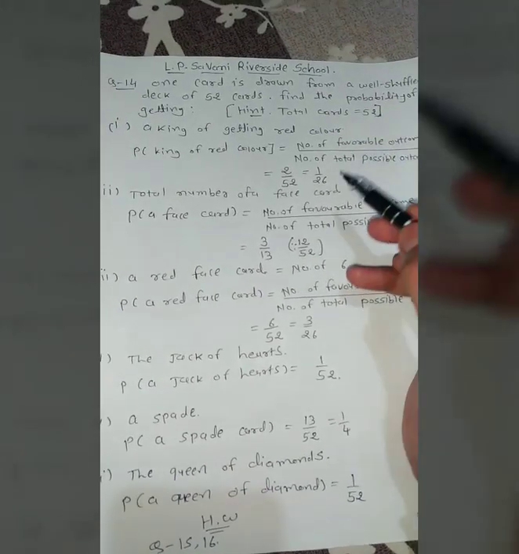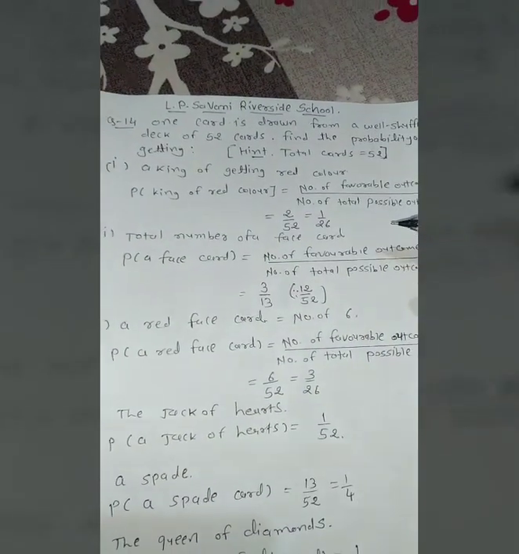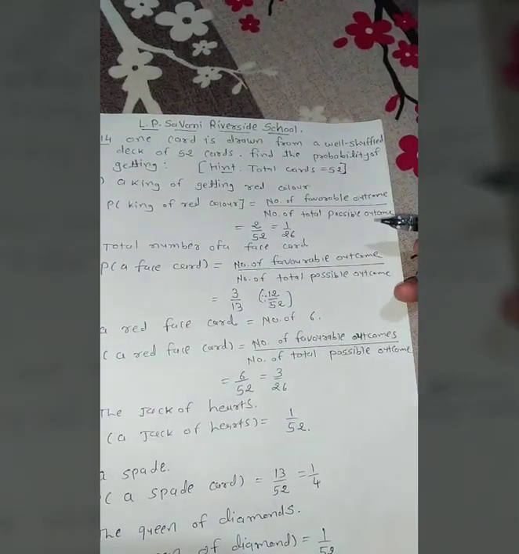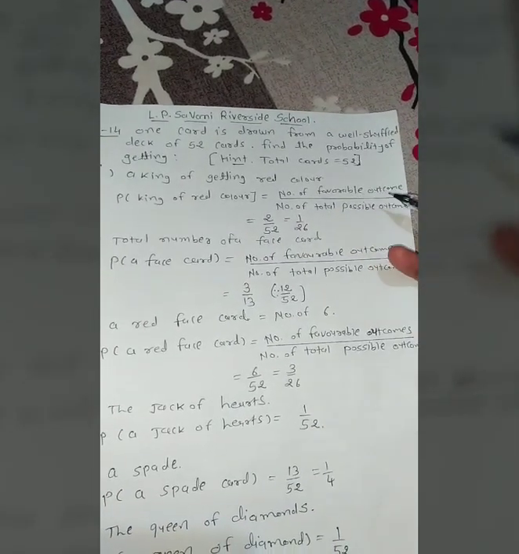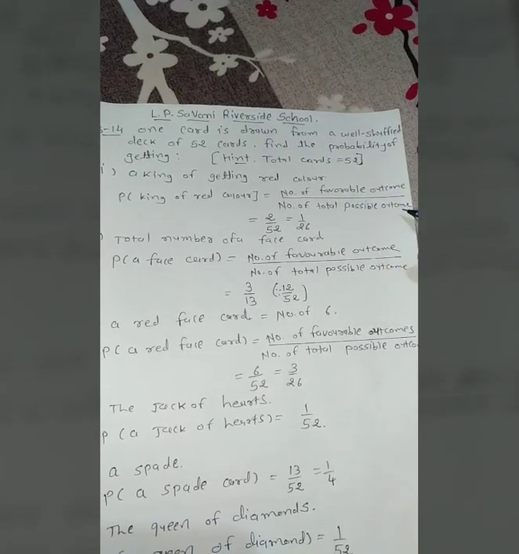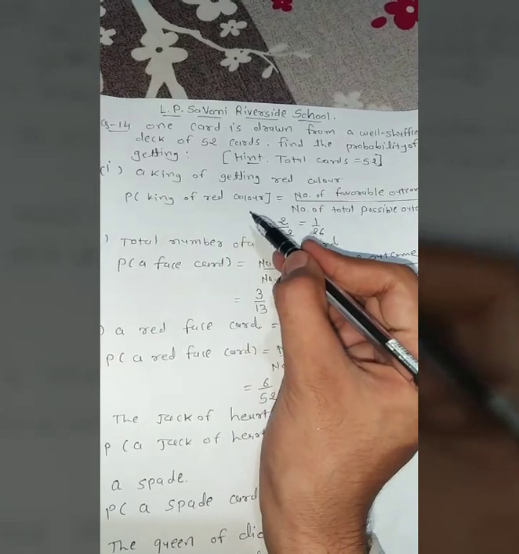First of all we revise the probability equation. What is the probability equation? Number of favorable outcomes upon number of total possible outcomes. So we want to find a king of red color.